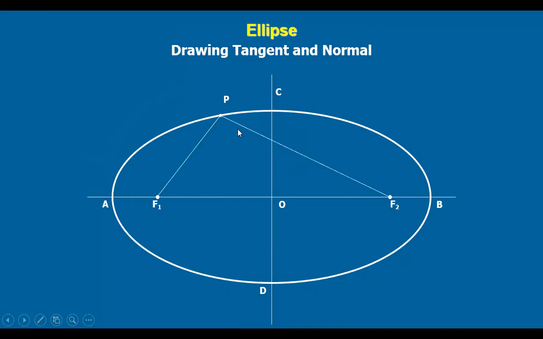You get an angle F1PF2. Bisect this angle and you get the normal. Draw a perpendicular at point P, and that is the tangent. Like this, you can get the tangent and normal for the curve.